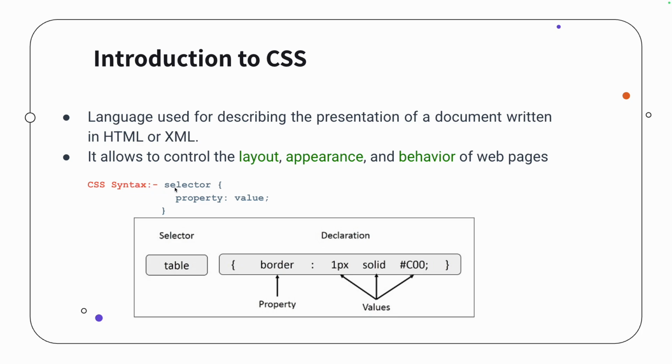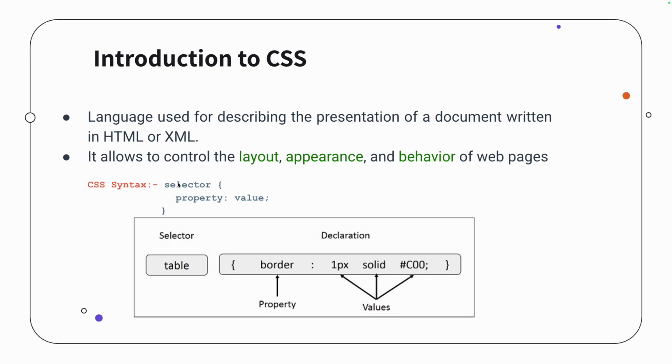First is the selector. A selector is nothing but the tags or fields of the HTML to which we are going to apply the CSS. It might be tags, classes, or IDs. It might be a child element of the tags. So multiple things will be there to which we are going to apply the CSS.